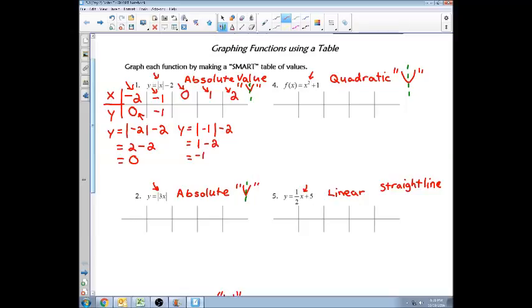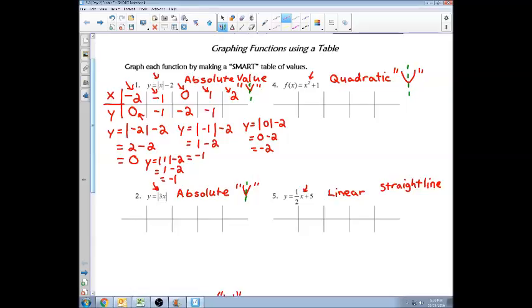All right. Next one is y equals the absolute value of 0 minus 2. So that will equal 0 minus 2, which is negative 2. I need to put 1 in for x as well, so y equals the absolute value of 1 minus 2, which would be 1 minus 2 again, which equals negative 1.